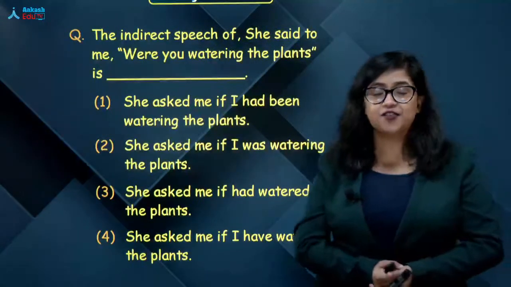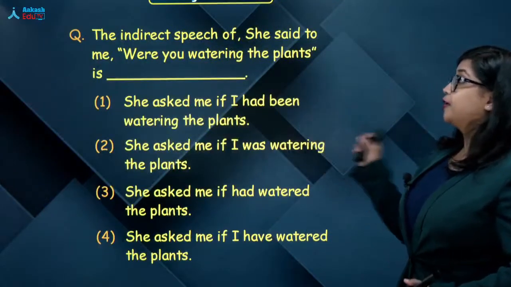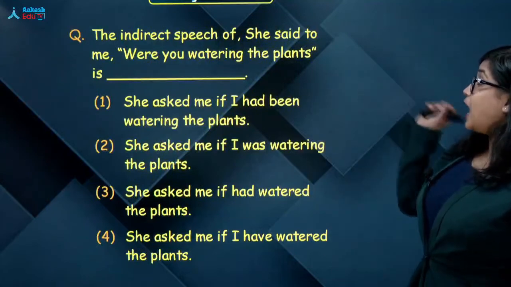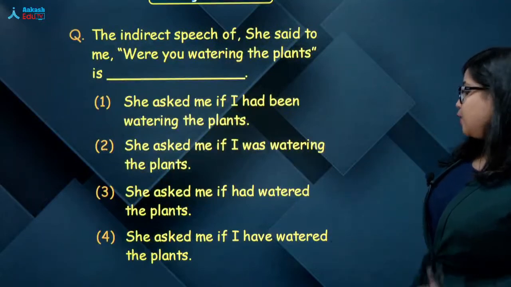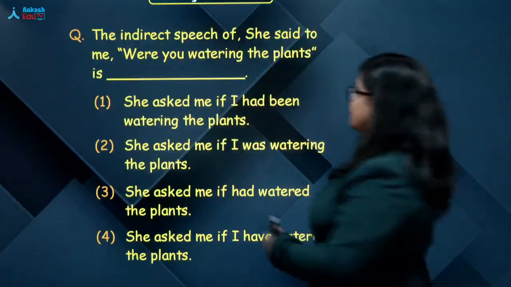Good job, guys. Very well done. So, she said to me, "were you watering the plants?" Now, this is a question sentence. So, she asked me if I had been watering the plants. So, the correct answer is option number 1.